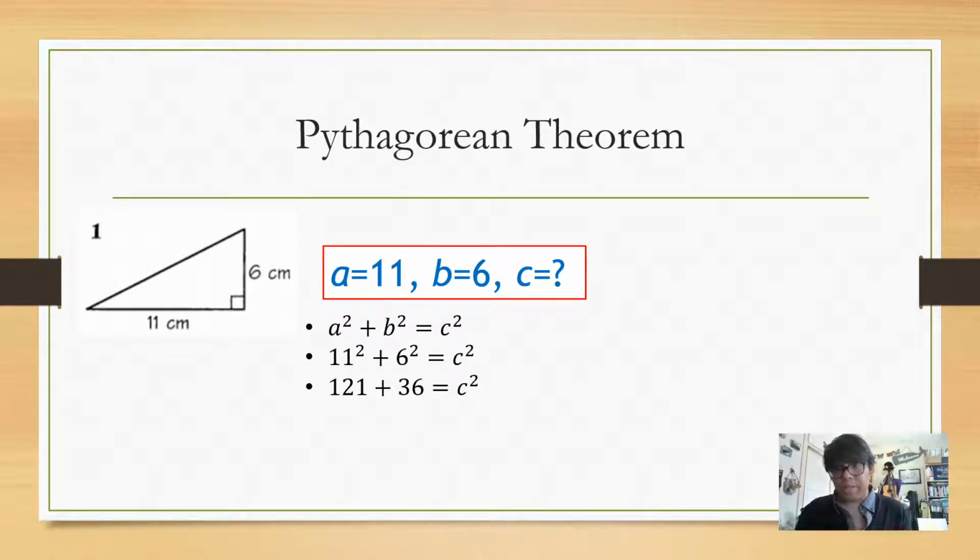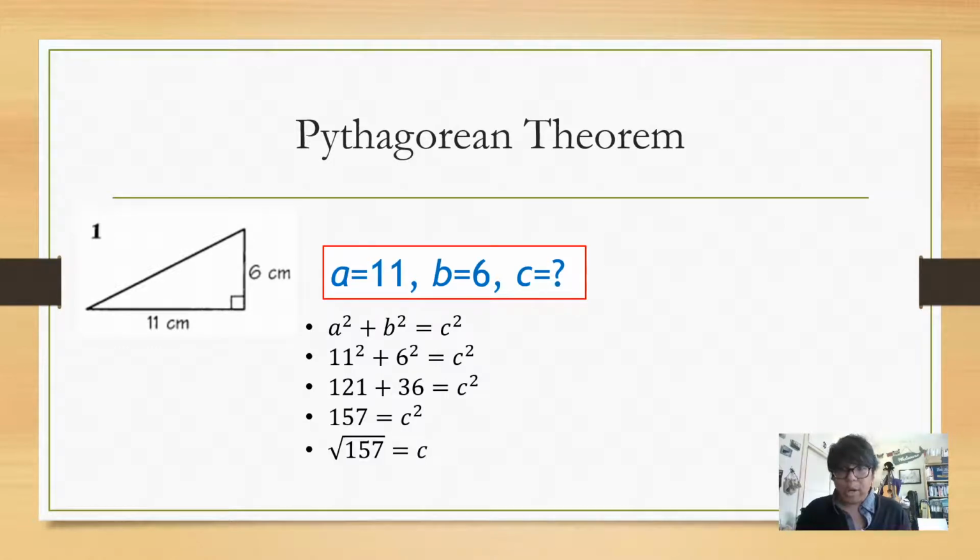More arithmetic. Add those two numbers together because 121 and 36 are on the same side of the equal sign. If we add those two together, we get 157. So this tells me that c squared is 157. And to solve when you have a square, just like we've been doing with our quadratic formulas, we're going to square root both sides.